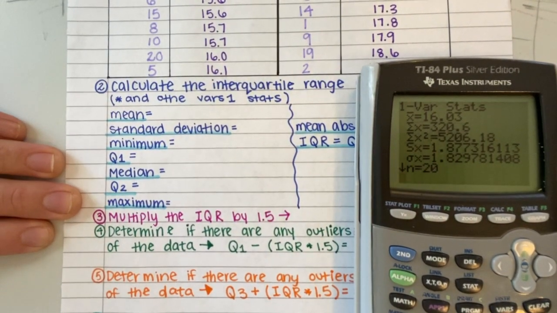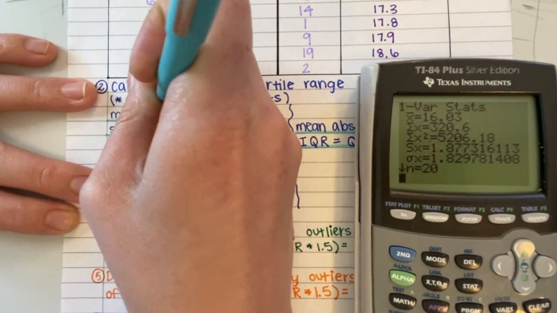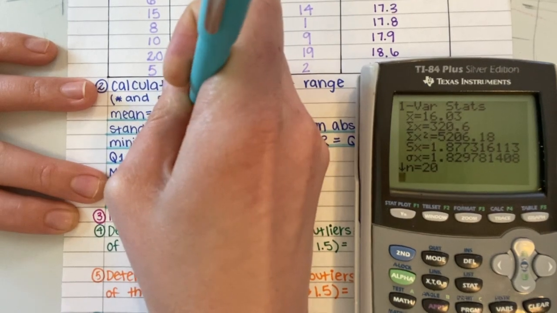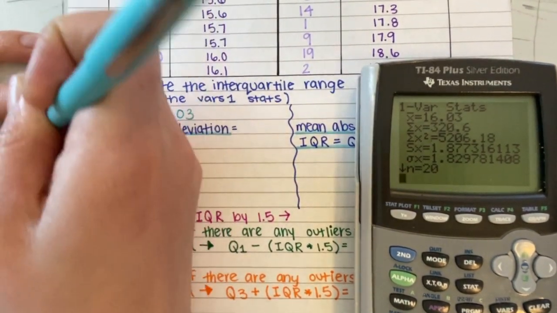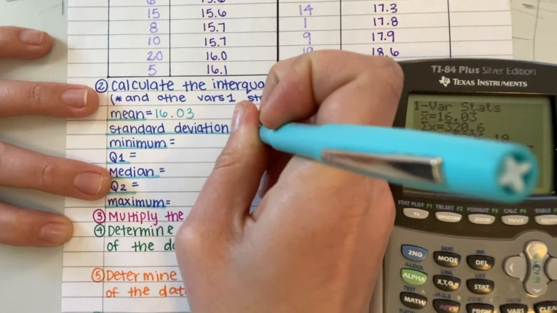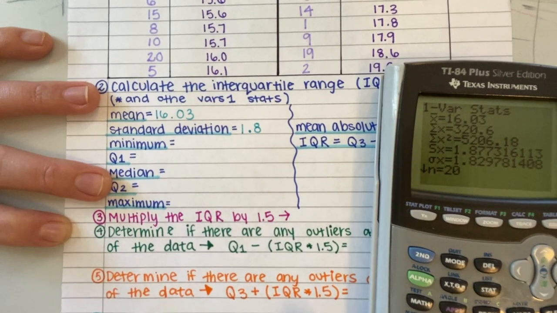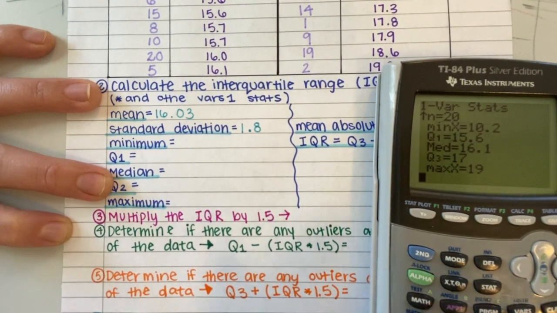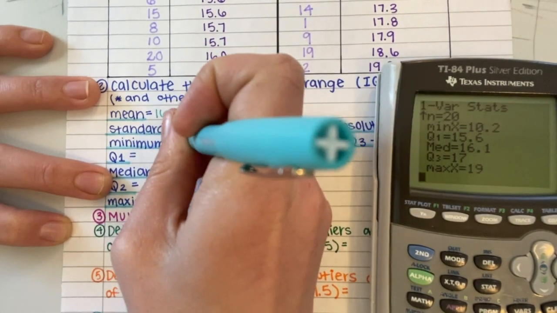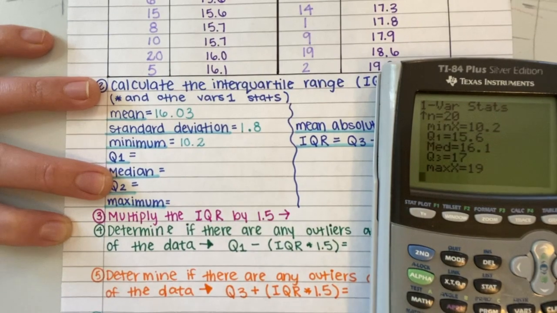We can record this right here. I'm going to use a light blue. My mean is 16.03. My standard deviation is 1.8. My minimum is 10.2, which we already knew since we organized the data from least to greatest.